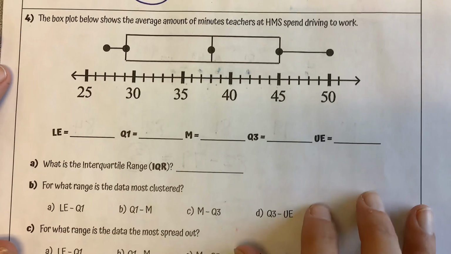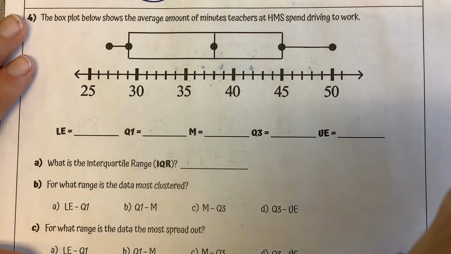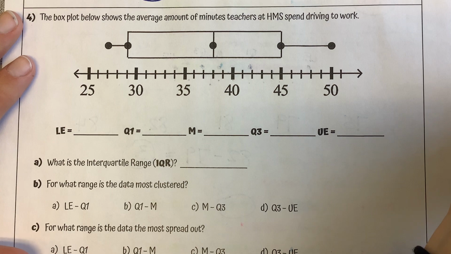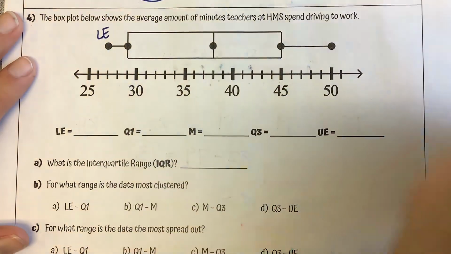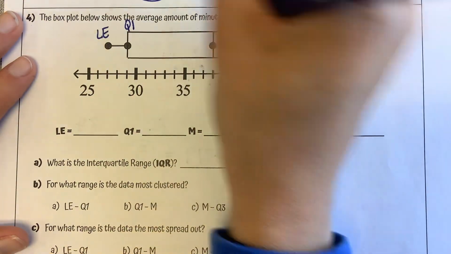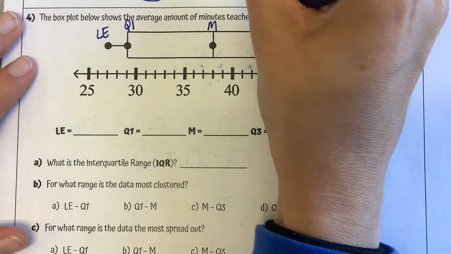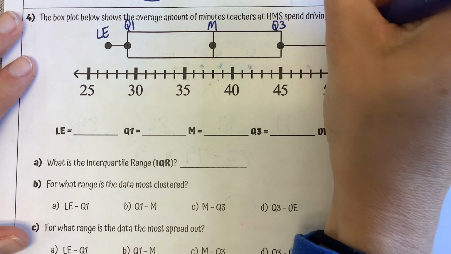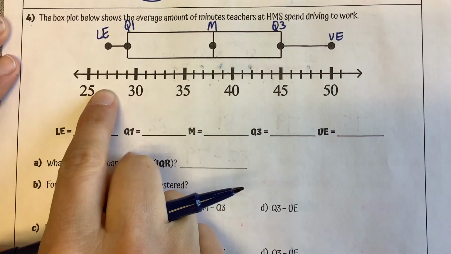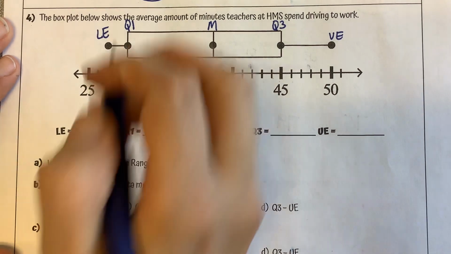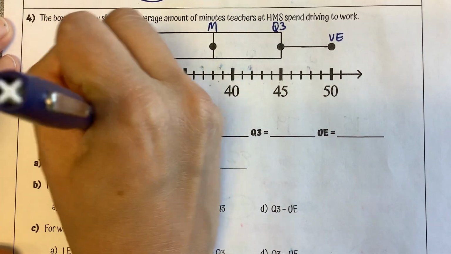All right, let's try one more. The box plot shows the average amount of minutes teachers at HMS spend driving to work. So we've got our lower extreme, Q1, median, Q3, upper extreme. So our lower extreme, we don't have it listed here, but 25, 26, 27.